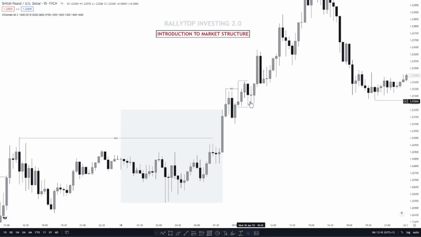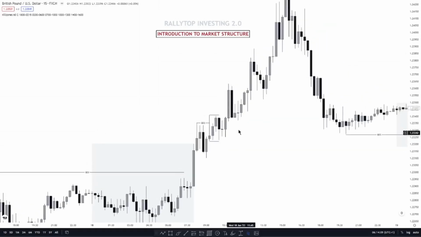So there is no pullback here. Some people will think that this is a valid pullback. No, this is not a pullback. There is no valid pullback there because the high and the lows are protected. Our master candle high and low are protected. All these candles are inside bars contained within the high and low of our master candle. Can you see that?